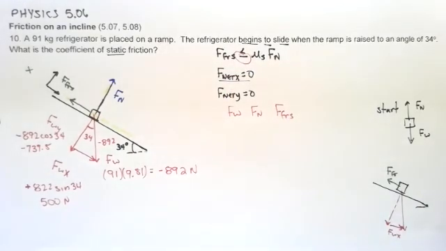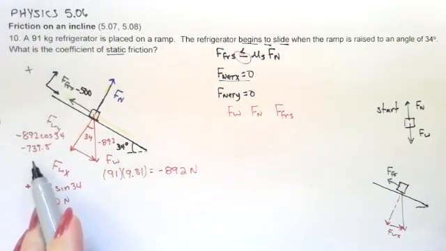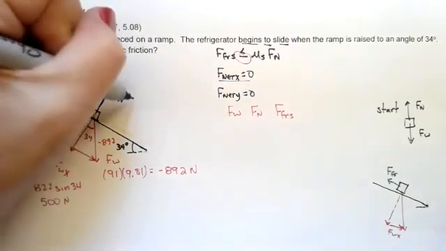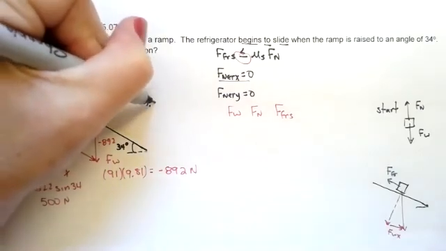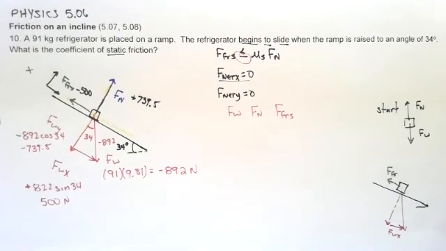But here's the nice thing about this problem. Remember, these vectors are equal and opposite. So if this is positive 500, this has to be negative 500. If this is negative 739.5, this has to be positive 739.5. To solve for this, all I have to do is plug those values in.